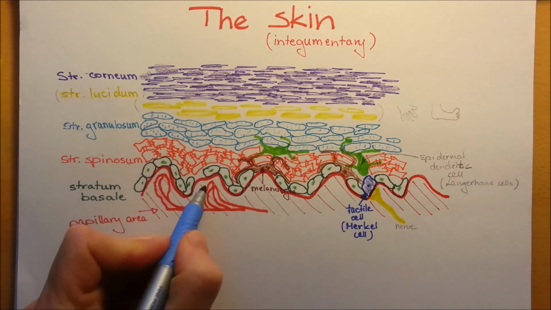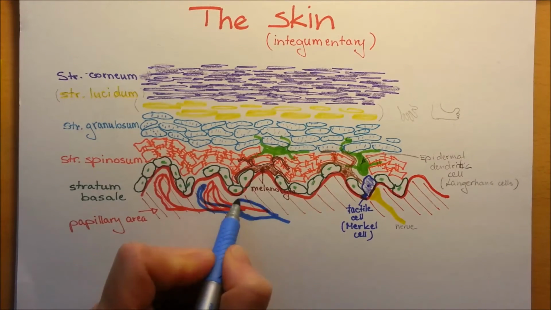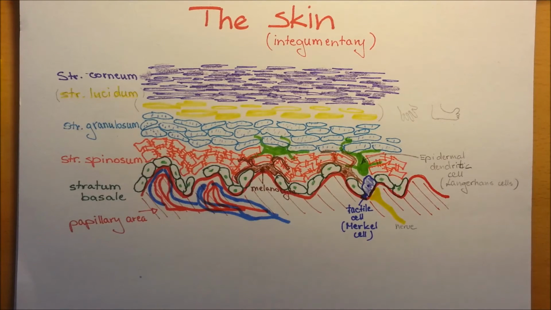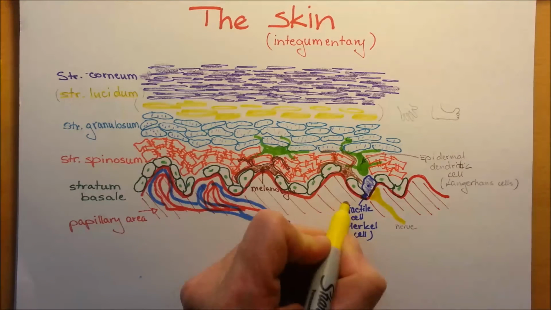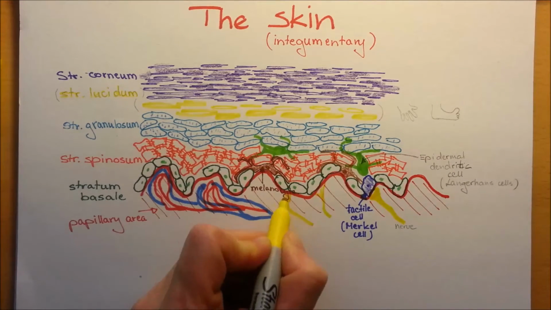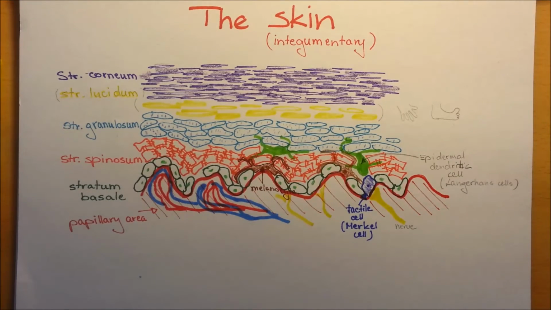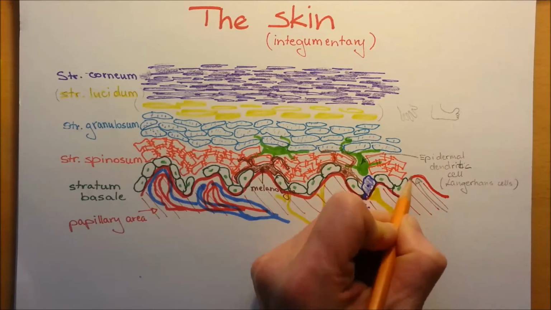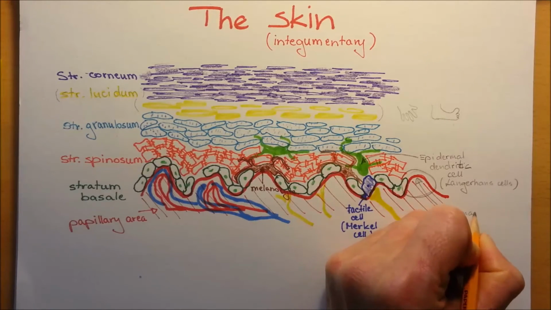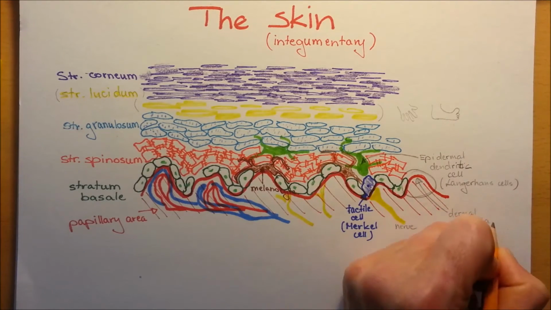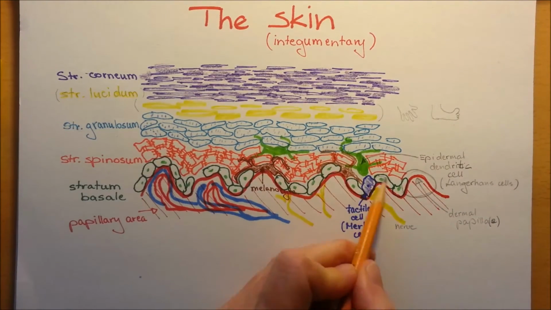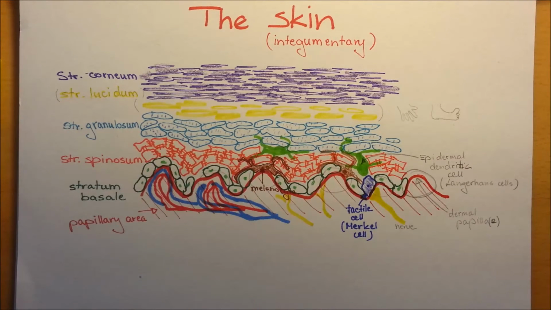It has a rich capillary supply, the blood supply all around, that will supply the epidermis eventually, and also several free nerve endings. Now, it is an uneven surface, and there are some ridges, and these are the dermal papillae, that give our fingerprints.